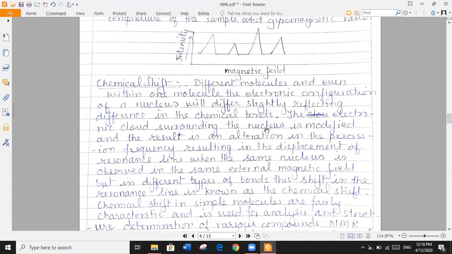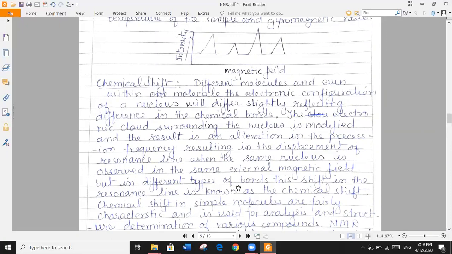The electronic cloud surrounding the nucleus is modified, and the result is an alteration in precession frequency, resulting in the displacement of resonance line when the same nucleus is observed in the same external magnetic field but in different types of bonds.